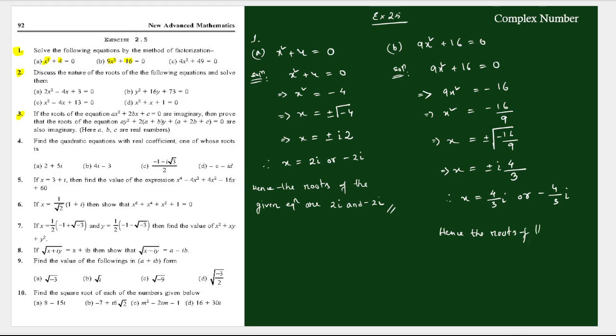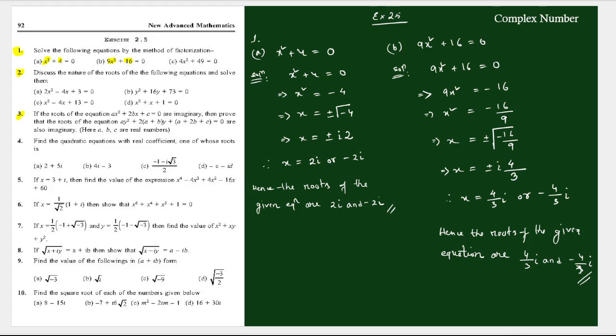So hence the roots of the given equation are 4 by 3i and minus 4 by 3i. This is number 3, so this is your number 1.